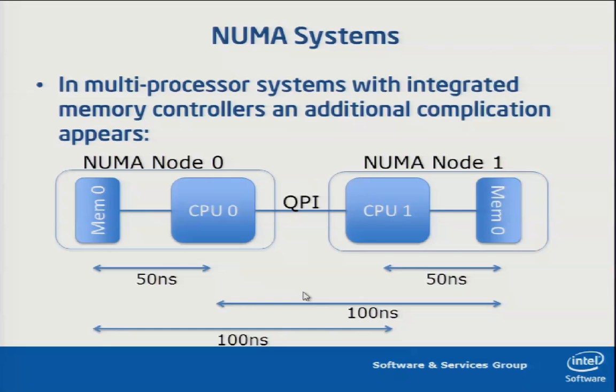Both memory controllers agree upon which of the memories would cover which half of the address range, so each of them has a part of the total memory address range. And they communicate over a point-to-point connection called QPI, the QuickPath Interface.